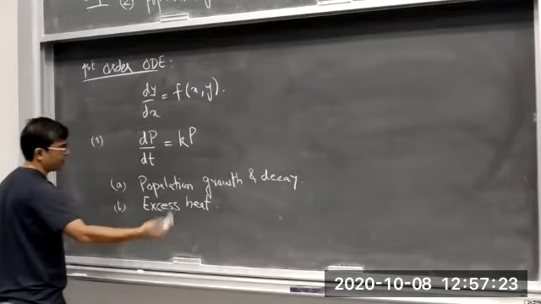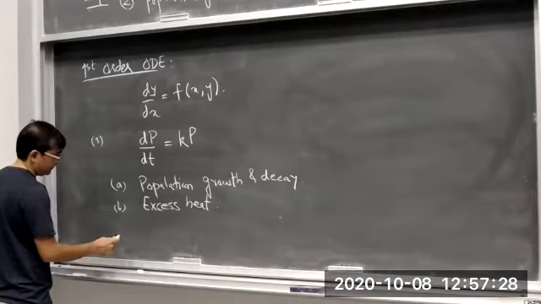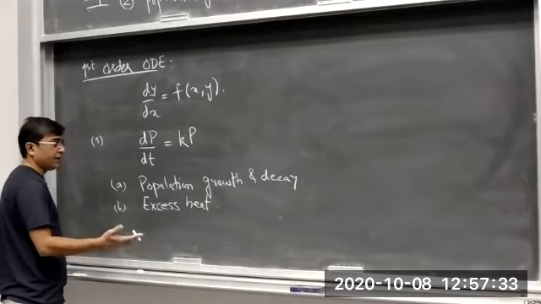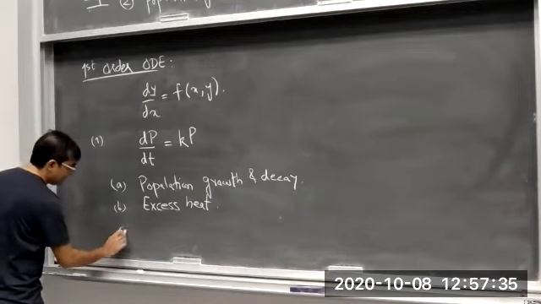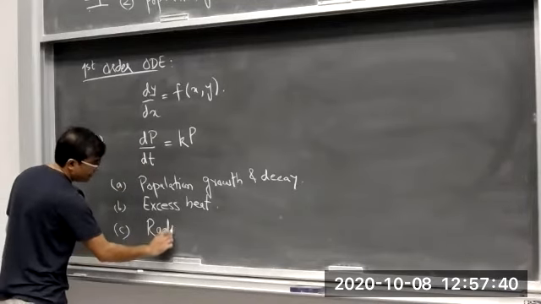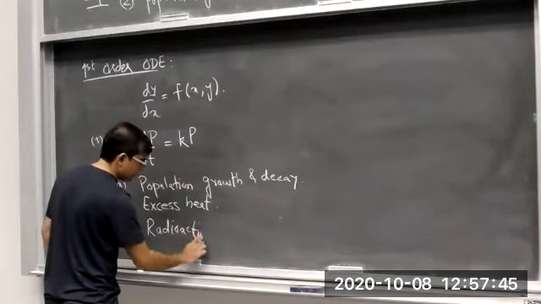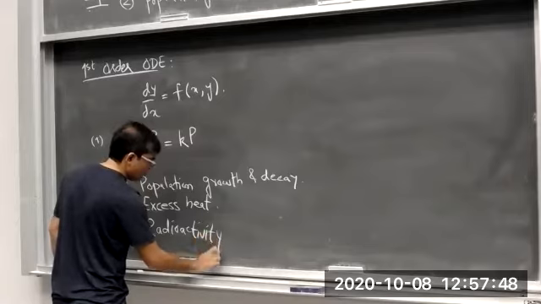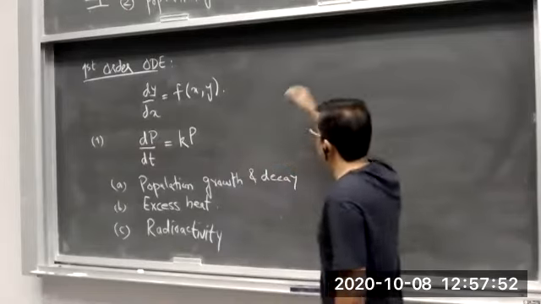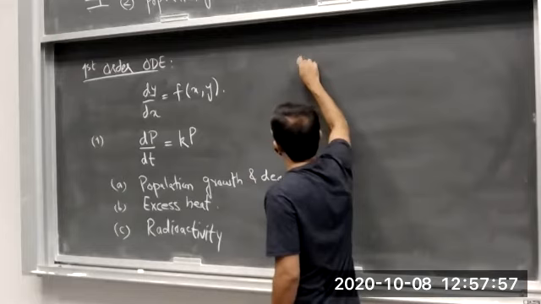How the rate of change of heat happens in a certain material which is basically warmer than the room temperature. C, this differential equation can also model radioactivity. What is radioactivity? We'll discuss it when we discuss these examples of radioactivity. We can model several other things.